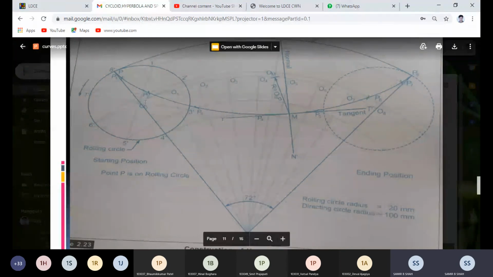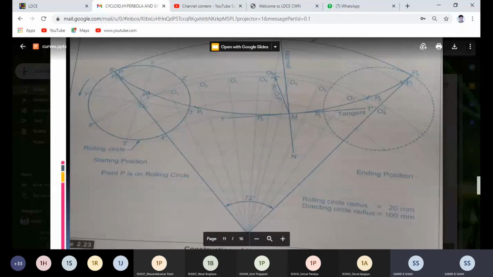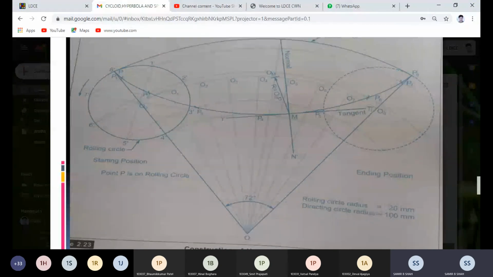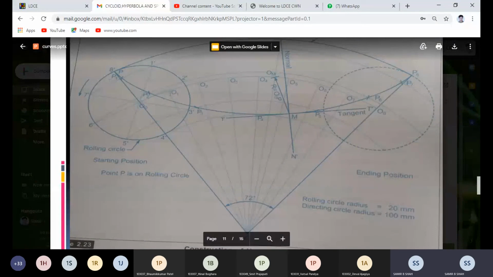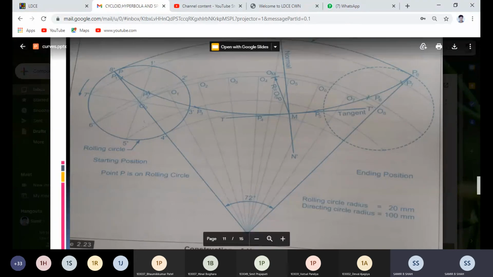Then from point O0, draw the centers. With the help of that we create the centers for all the points like O1, O2, O3, O4, O5, O6, O7 and O8. Okay, so we have got the centers. So what to do now? We know that we have to use the radius which is equal to 20 mm. So use that radius.